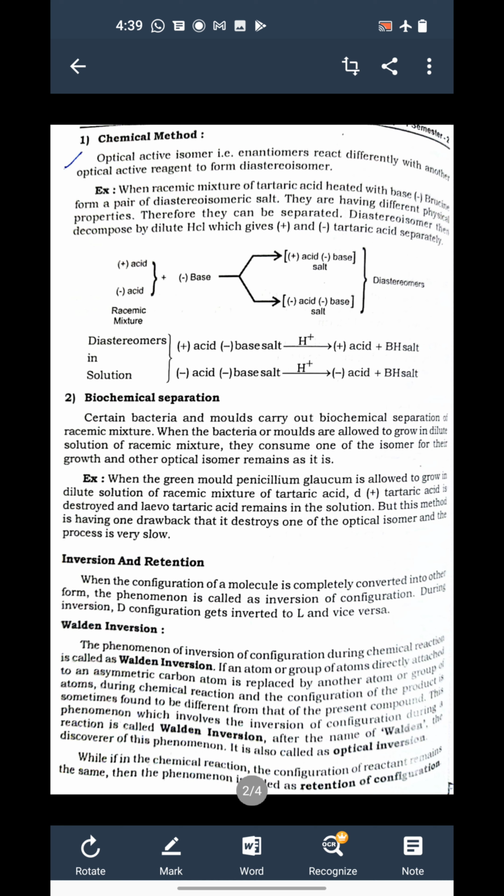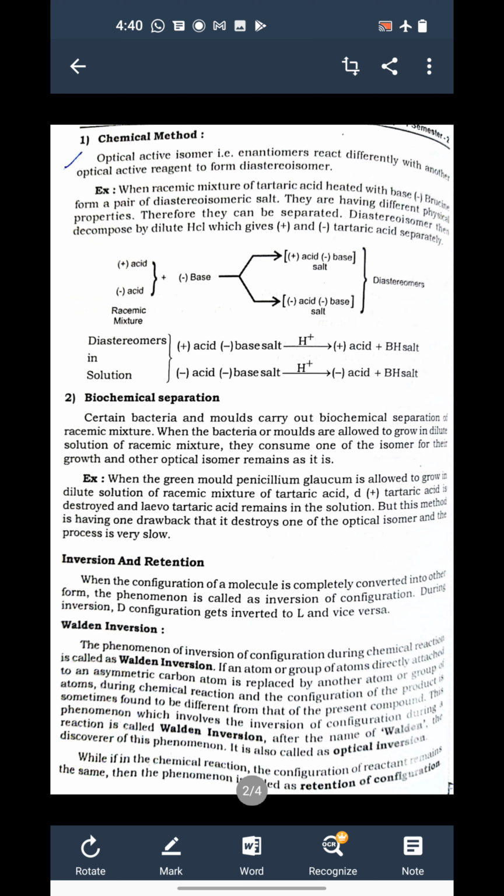For example, when the green mold Penicillium glaucum is allowed to grow in a dilute solution of racemic tartaric acid, that green mold destroys all the D plus tartaric acid. They use that D plus tartaric acid for their growth, and the L tartaric acid remains in the solution as it is.